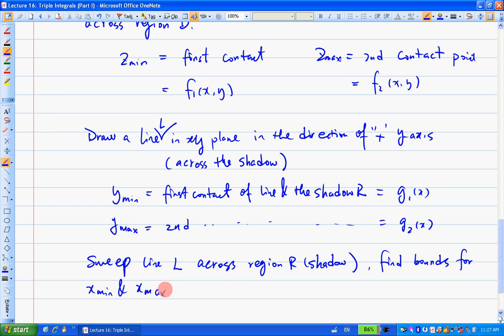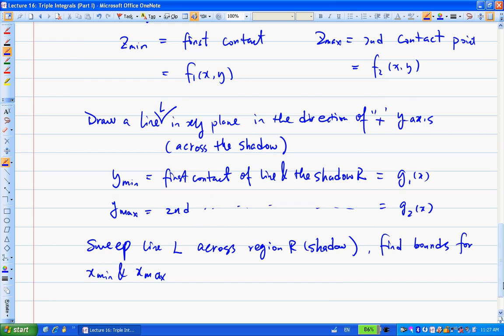The two bounds that you find here will be constants. If it's a simple region, you will have an edge on one side and an edge on the other side.